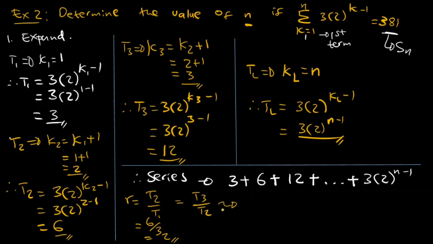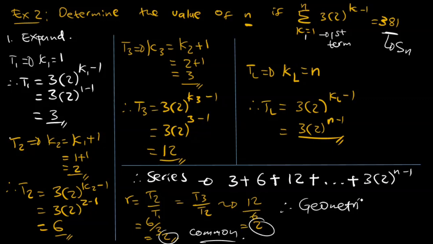T3 over T2 is 12 over 6, which gives me a 2. So I've got a 2 here and a 2 here, which is common. Therefore, I have got a geometric series.